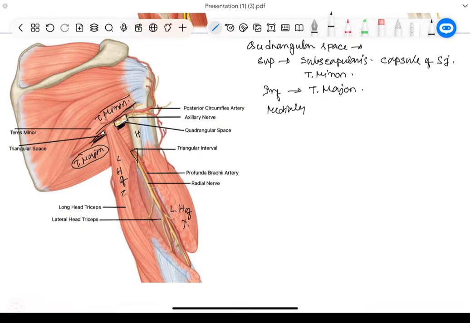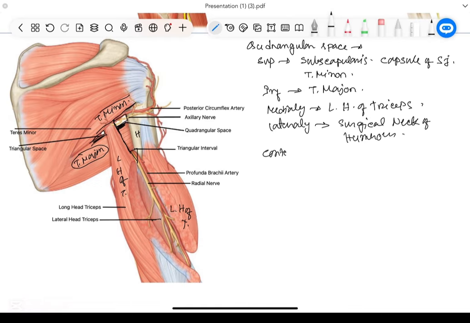What is medially? Medially here will be the lateral border of the long head of triceps. What is laterally? Laterally there is the surgical neck of the humerus. So what should be the content of this quadrangular space?